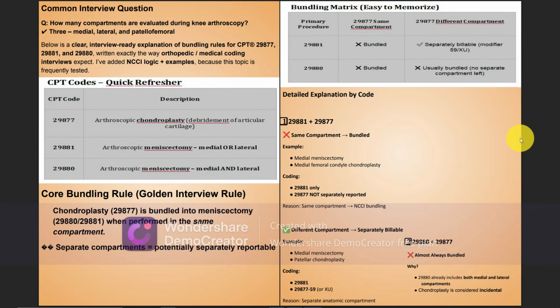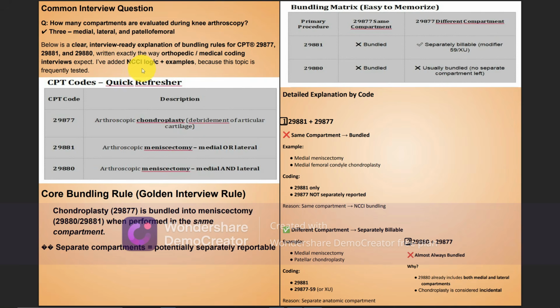Common interview question: how many compartments are evaluated during knee arthroscopy? There are three: medial, lateral, and patellofemoral. Below is a clear interview-ready explanation of bundling rules for CPT 29877, 29881, and 29880, written exactly the way orthopedic or medical coding interviewers expect.